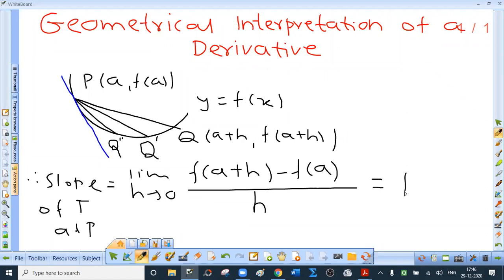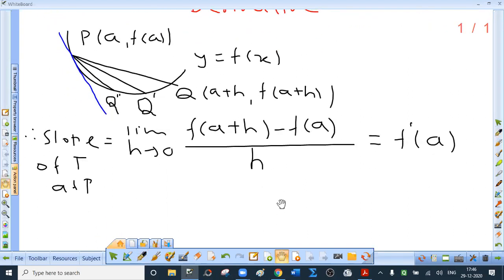But you should know from the first principle this is f dash of a, and therefore conclusion is f dash of a, that is dy/dx at x equal to a, represents slope of tangent to the curve y equal to f(x) at a point x equal to a on the curve. What will be the equation of that tangent? Tangent is drawn at (a, f(a)) and slope of tangent is f dash of a. So equation is y minus f of a equal to slope f dash of a into (x minus a). Simple.